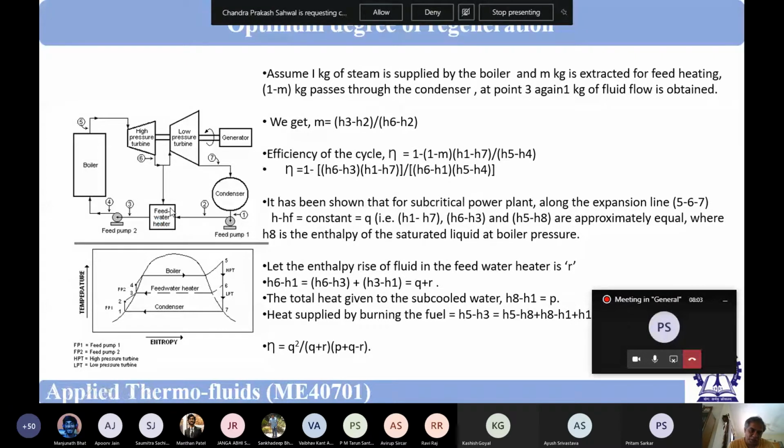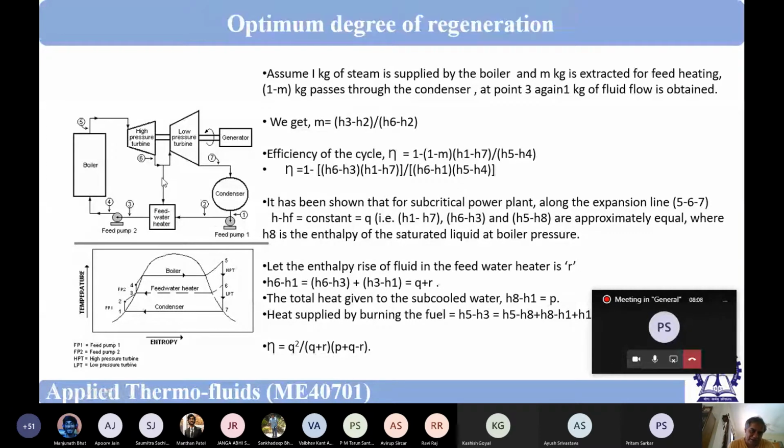In the open feed water heater, the condensate is coming, and the steam which has been extracted from the end of the high pressure turbine is coming. Both are mixing together directly, and then they form saturated liquid at the corresponding pressure, and this is pumped back to the boiler.